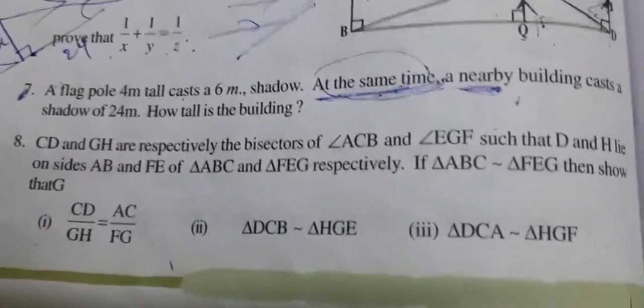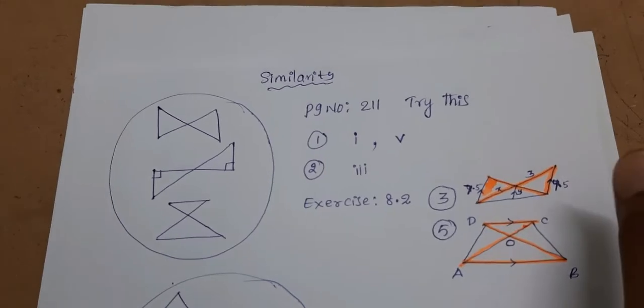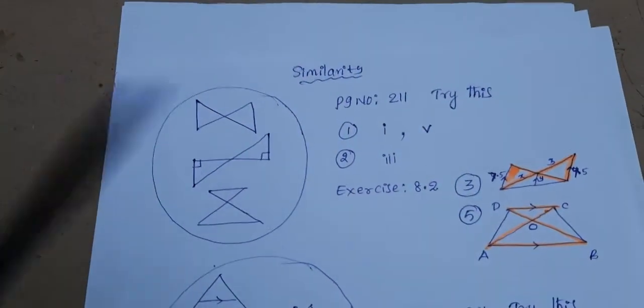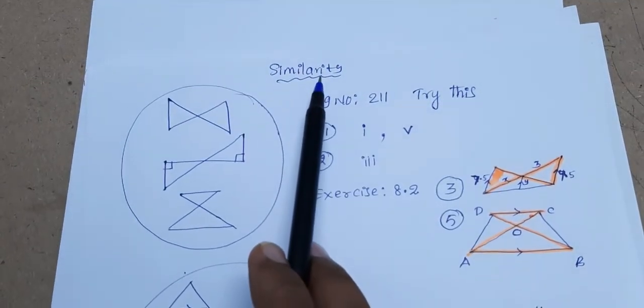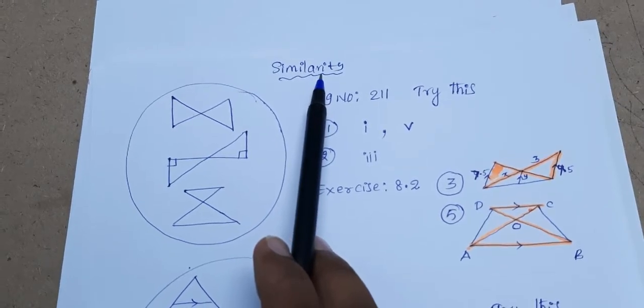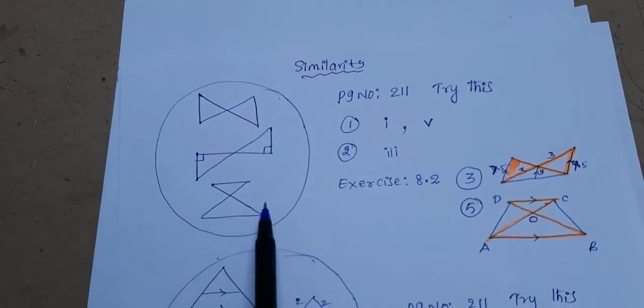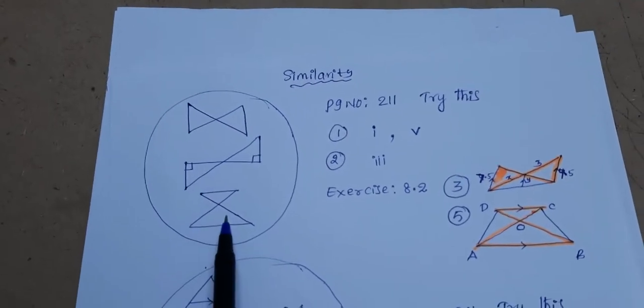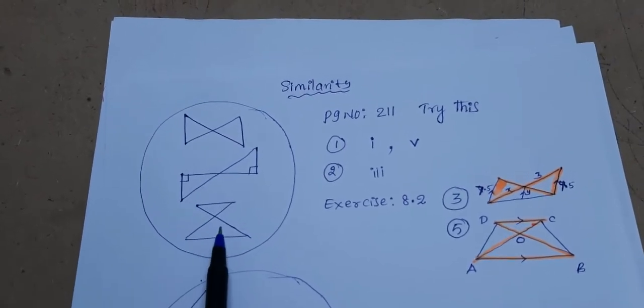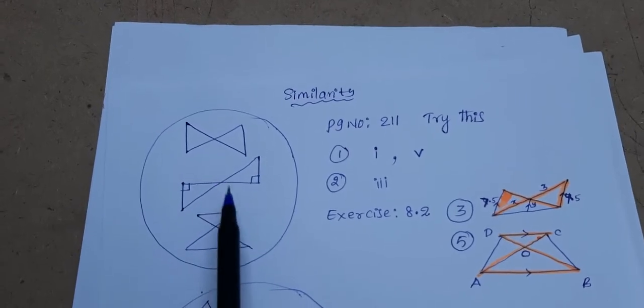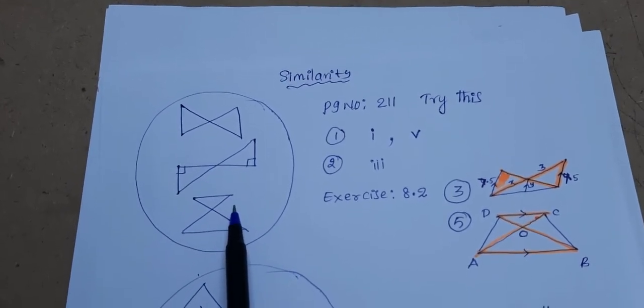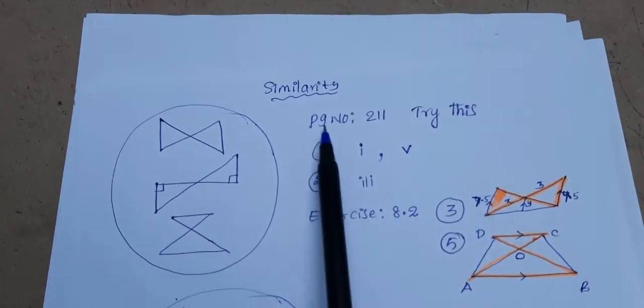These are the models, my dear students. Here we learned similarity completely in the previous videos and today's video. First we learned the dumbbell shape, right? These are three models. For this basic shape, what are the related problems in the 10th class textbook?